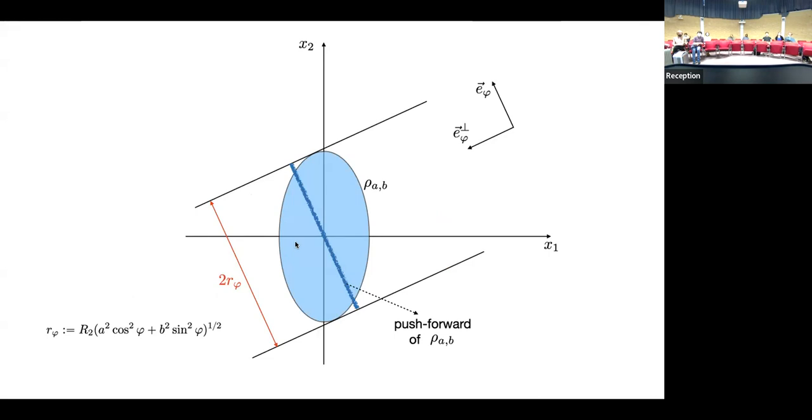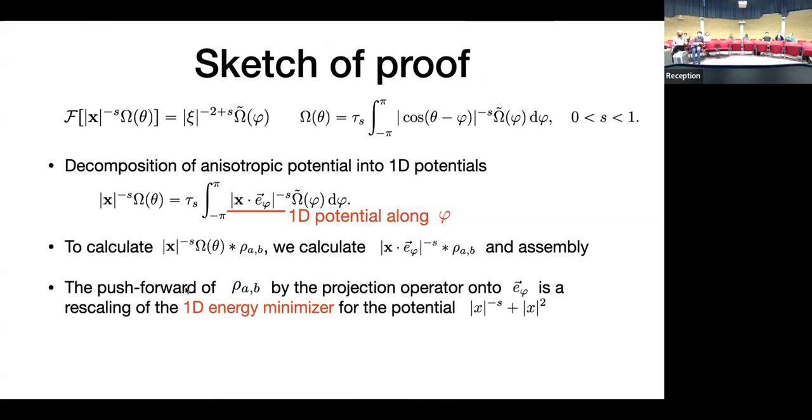And the magic here is that if you take this push forward of rho AB onto some one-dimensional line, then it becomes exactly a one-dimensional energy minimizer for a one-dimensional interaction potential, and the power stays the same here.